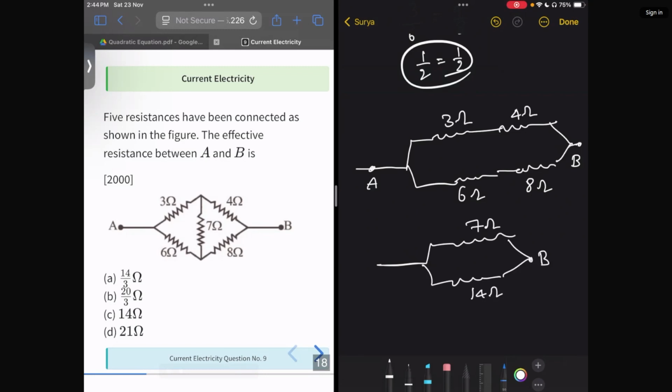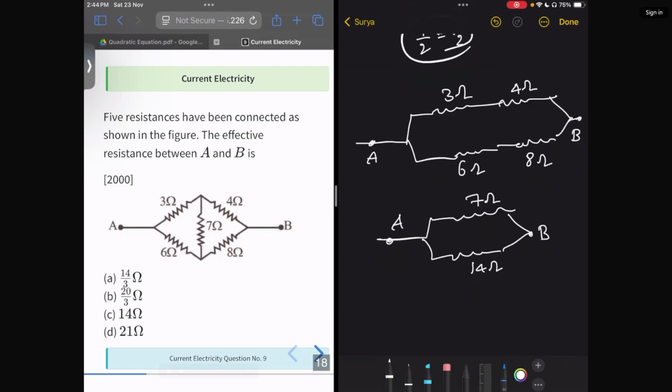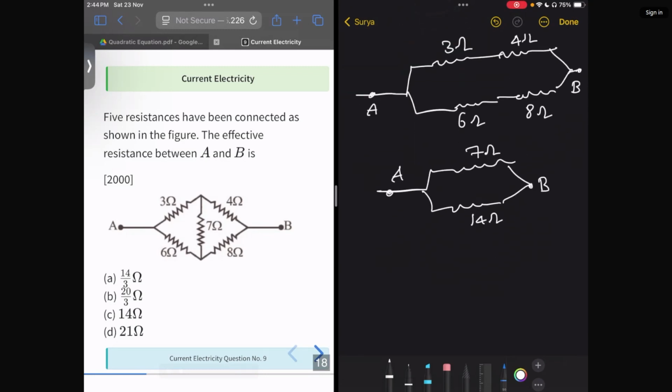It is B. It is A. So now the total effective resistance: if two resistances are in parallel, it is R1 R2 by R1 plus R2. Here R1 is 7, R2 is 14. 7 into 14 divided by 7 plus 14.